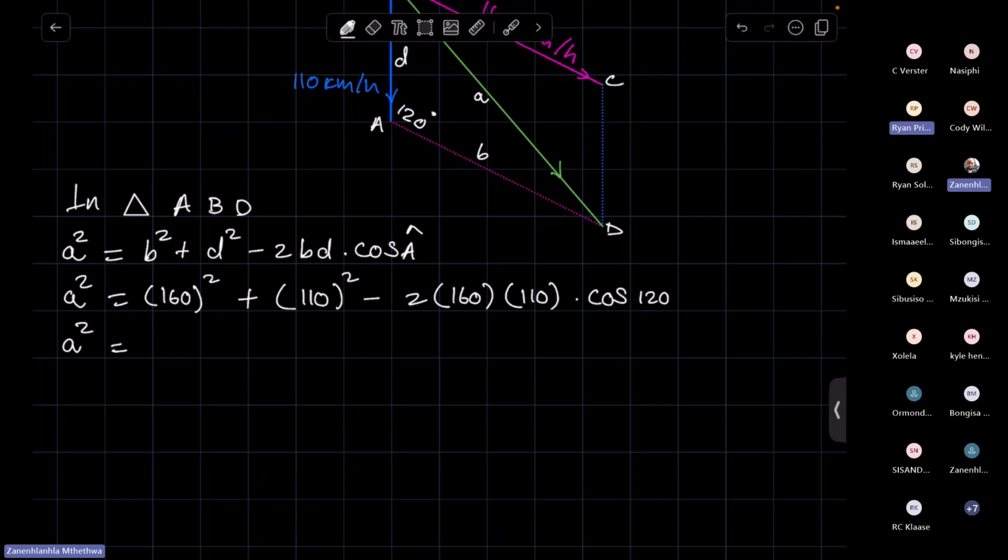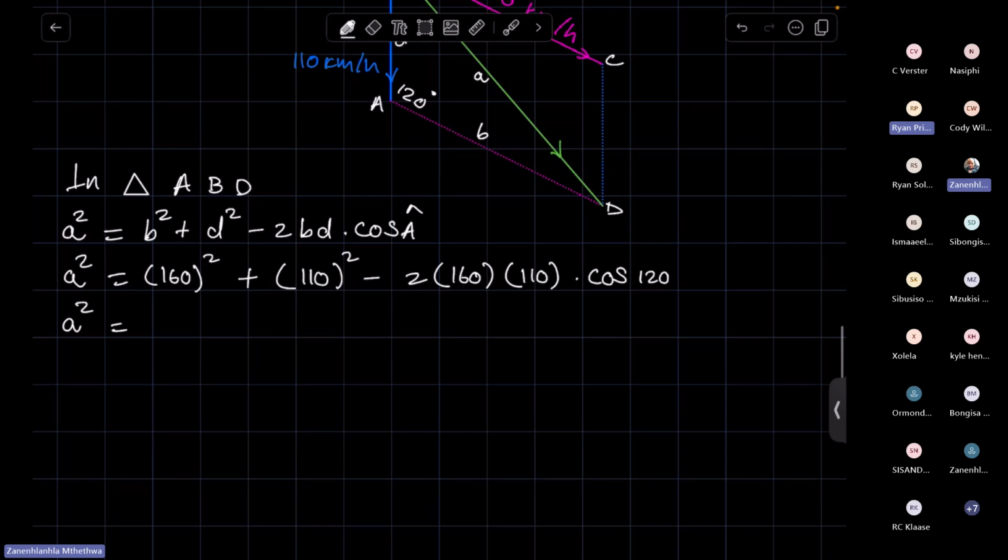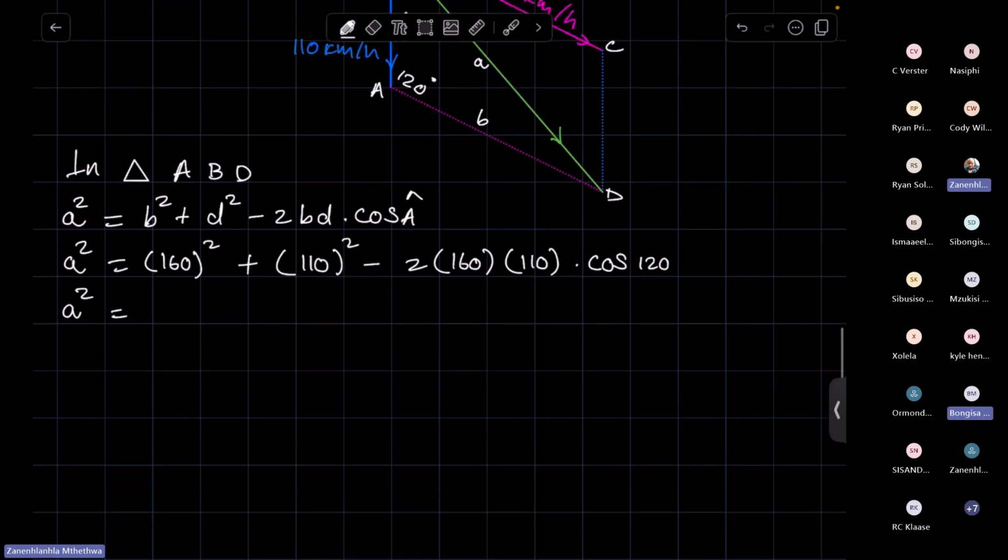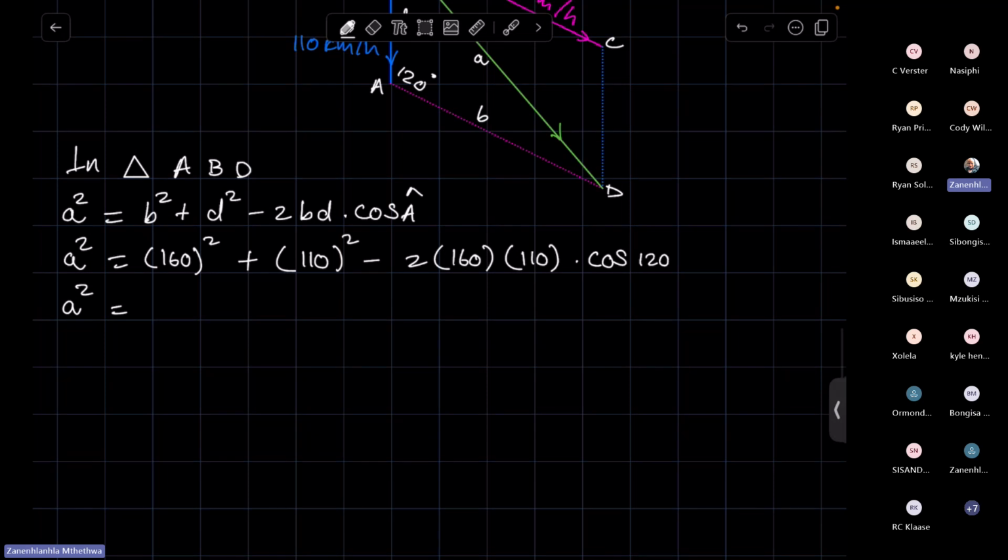What are we getting here? Cos 120, okay, that's the angle we're working with. I'm looking for a squared. What is this whole thing equal to?